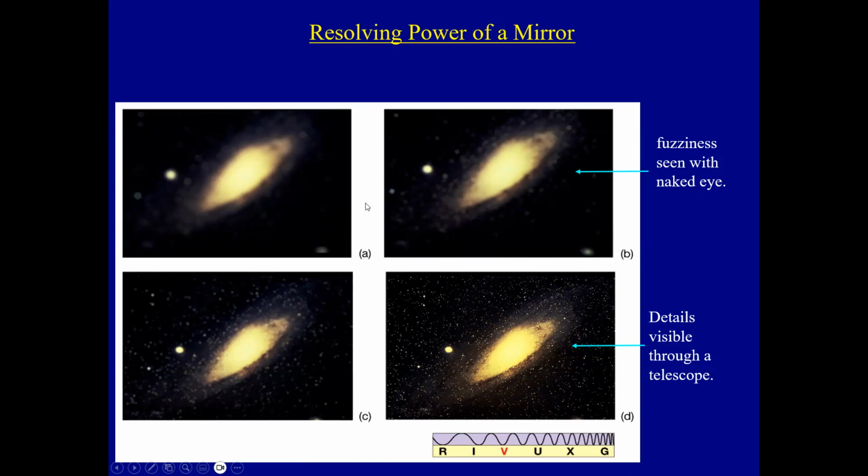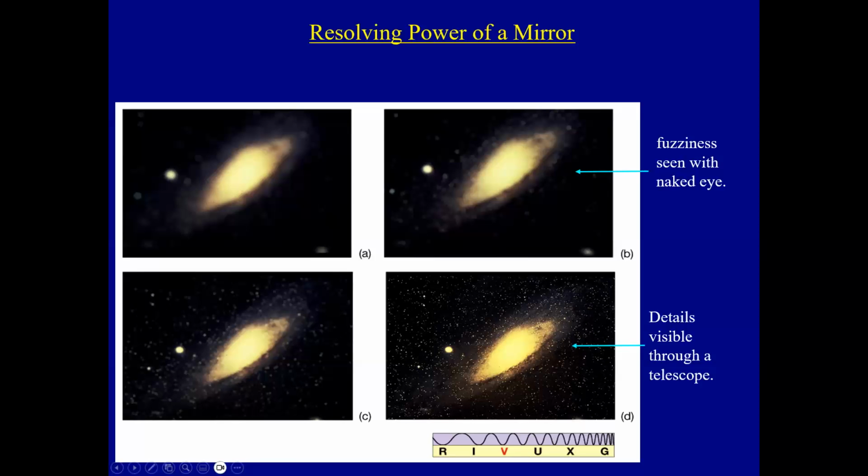If you just look up at the Andromeda galaxy, you see just a white blob, like a piece of cloud. You can't see any details. But if you look through a telescope, you can see individual stars, individual components of the galaxy. That means the resolving power improved.